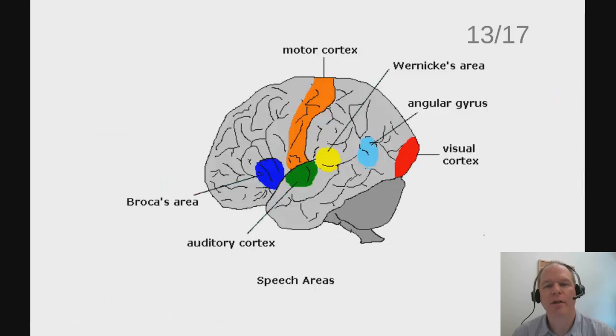So when we look at the brain and how it processes language, this gives us some more evidence about how special language is and how efficient it is in its processing. There are a few areas of the brain that are particular to language processing. There's the auditory cortex, where speech is processed, and then that information is distributed to two main areas in the brain, Broca's area and Wernicke's area.